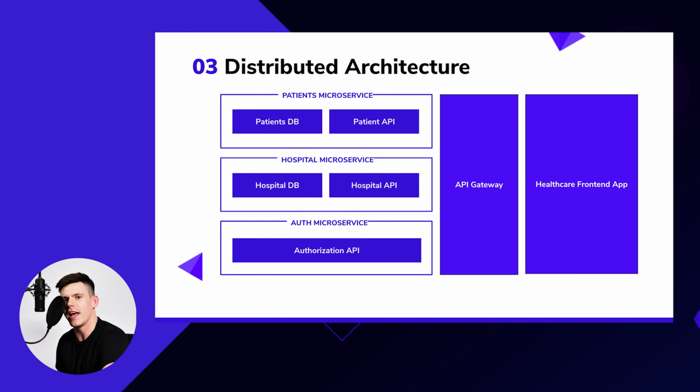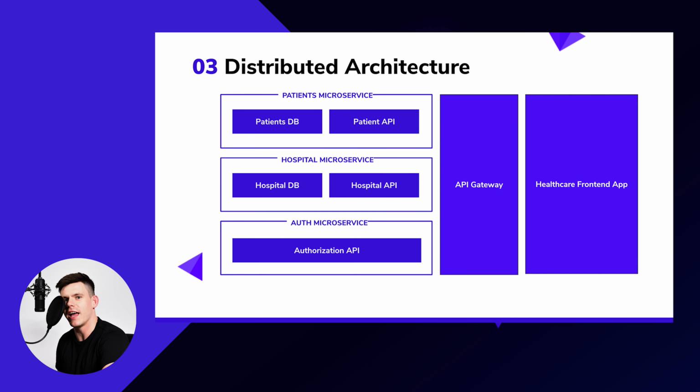So for example, instead of having the monolith Ruby on Rails app, we can define 3 microservices that will deal with the specific problems. For example, patients microservice that will contain the patient API and patient database, hospital microservice that will be responsible for resolving the hospital related logic, and auth microservice that will be responsible for authorizing our users.